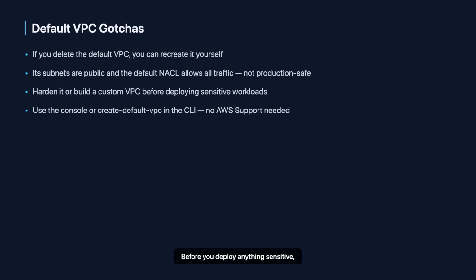Before you deploy anything sensitive, either harden it or build a custom VPC with proper private subnets, and recreating the default is easy. Since 2017, you just run Create Default VPC from the Amazon Web Services console or the command line interface, and Amazon Web Services rebuilds it for you, with no support case required. So deleting it isn't the dead end people often assume it is.